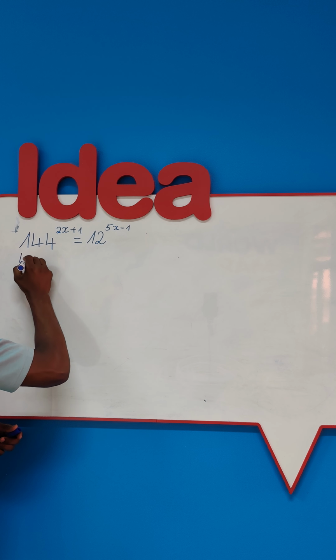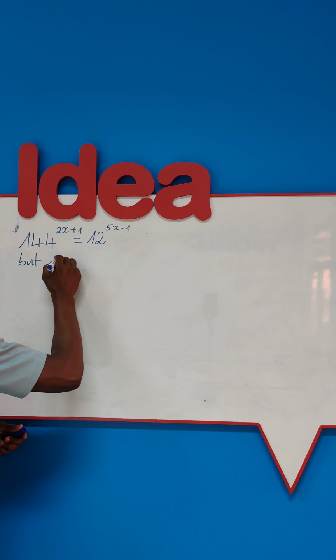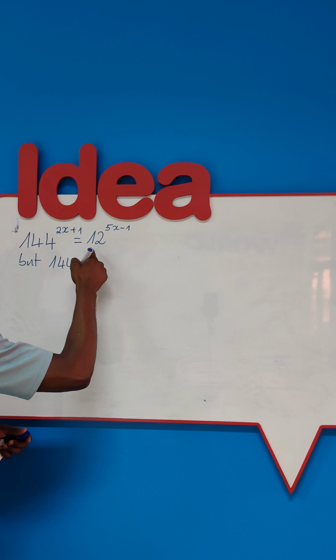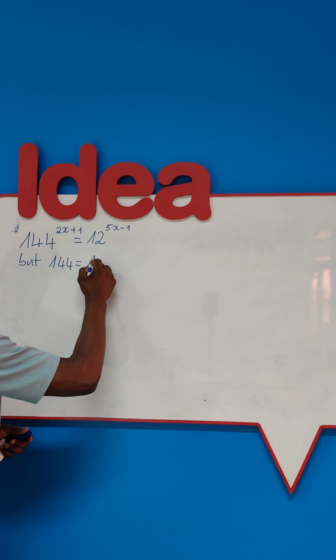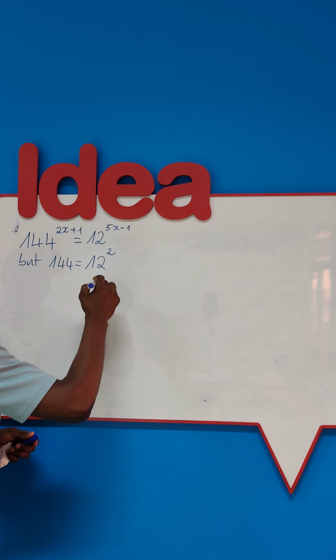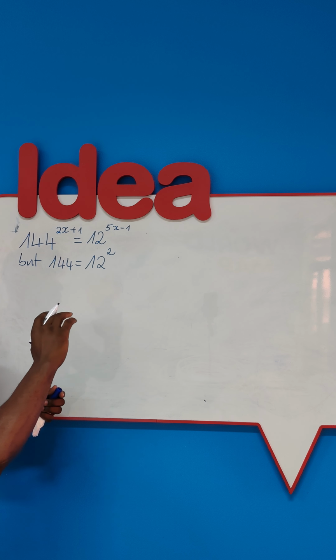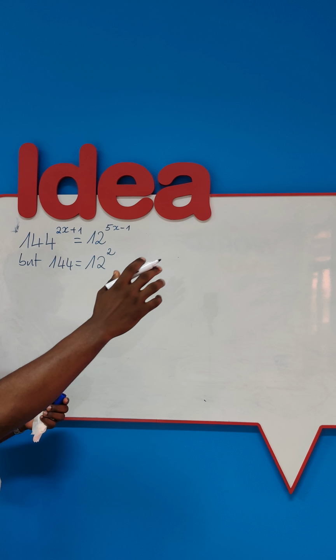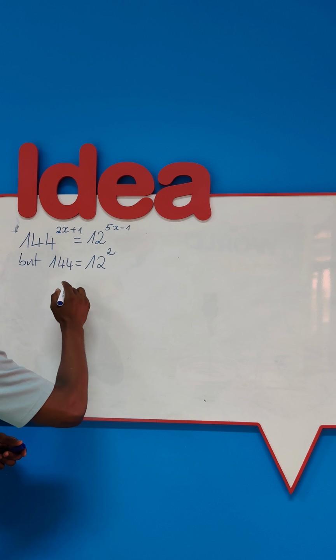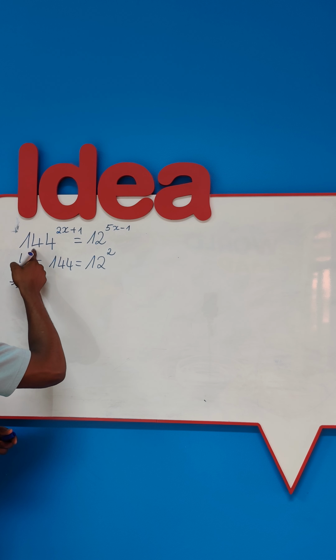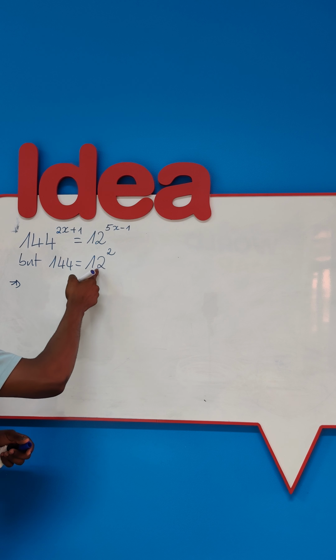We know that 144 can be expressed in base 12 as 12 to the power 2, right? So again, this requires your knowledge of the squares of some significant numbers from 1 to 10 or to 15.